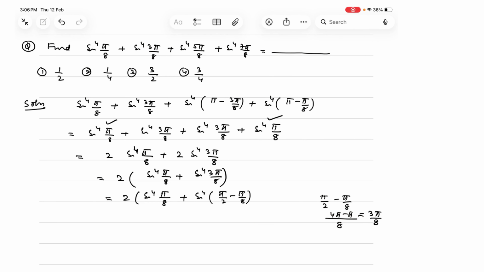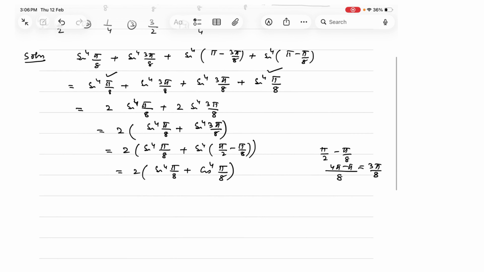So 3 pi by 8, we can also write it as pi by 2 minus pi by 8. Now, the advantage in writing like this is sine to the power of 4 pi by 2 minus pi by 8 is nothing but cos to the power of 4 pi by 8.